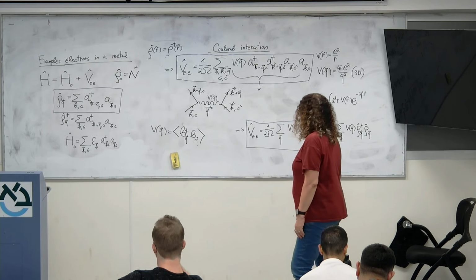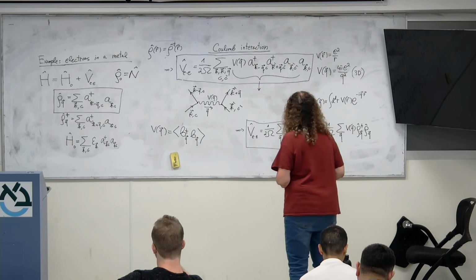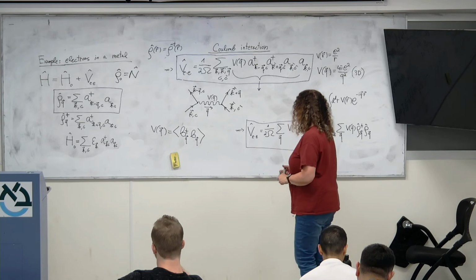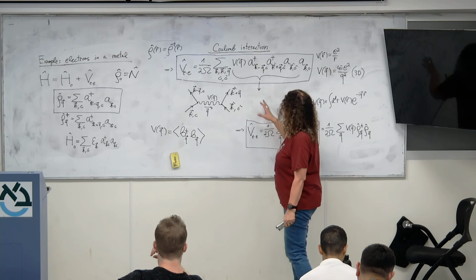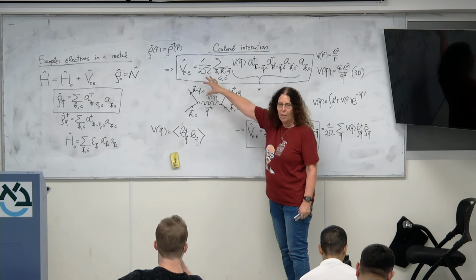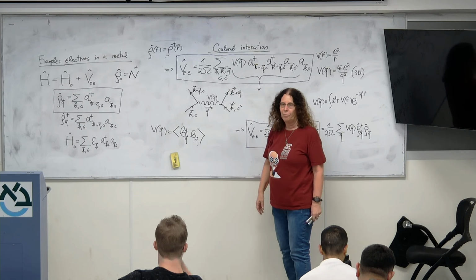Okay? But we'll see that there are two things we can do to make progress. First, we can do perturbation theory, and for that we need to know how to compute the expectation value of this and also the variance. Okay?